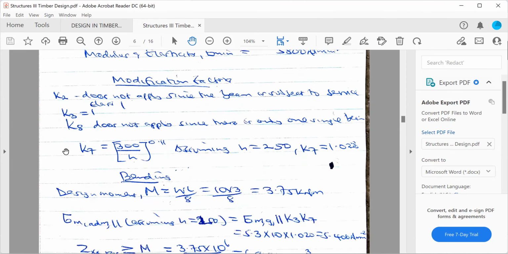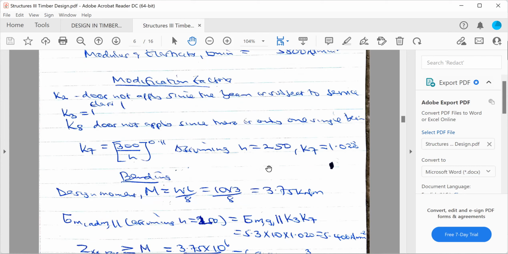So we say K8 does not apply since there is only one single beam. Now we move to depth factor, which is K7. First, we assume our timber beam has a depth of 250 millimeter. From the definition, if the thickness or depth lies between 72 millimeter and 300 millimeter, we use the formula K7 is 300 over H power 0.11.